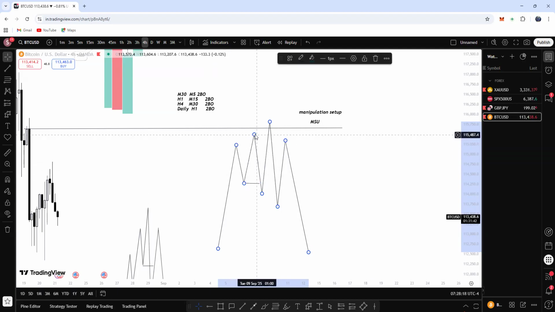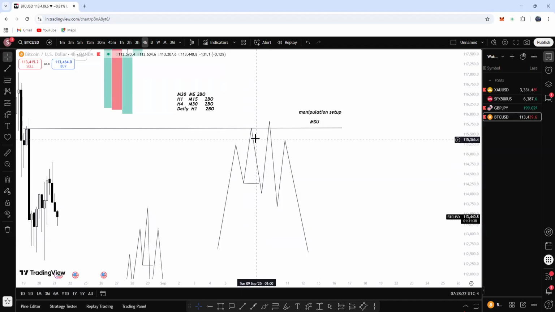When this low was taken out, a lot of people will be waiting to sell here. A lot of people will be waiting to sell, but market took them out again. Took the first high.